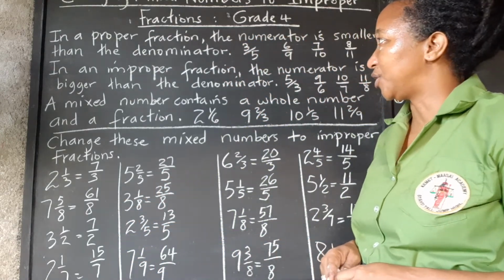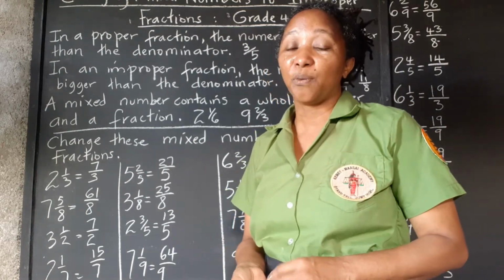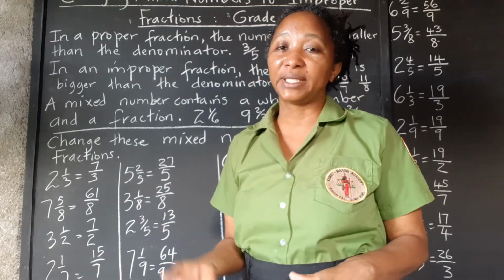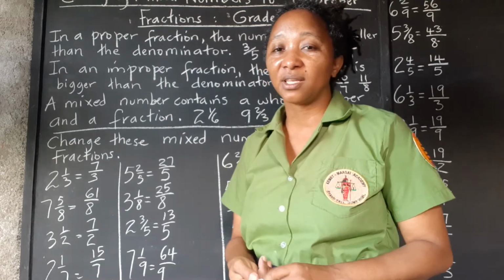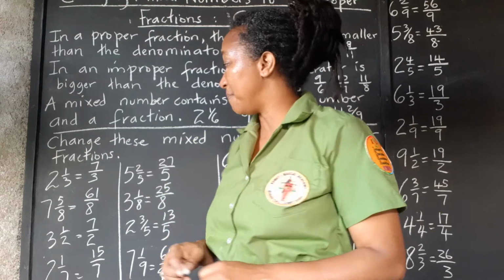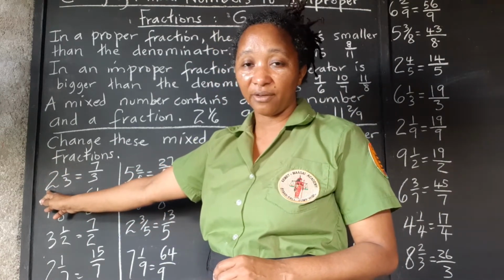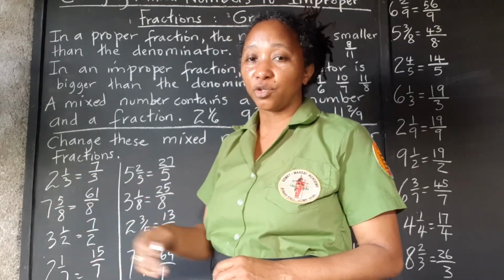Alright? So the topic was changing mixed numbers to improper fractions, and we said that for proper fractions, the numerator is smaller than the denominator. For improper fractions, the numerator is larger than the denominator, and for mixed numbers, we have a whole number section to the left, and a fractional part to the right.